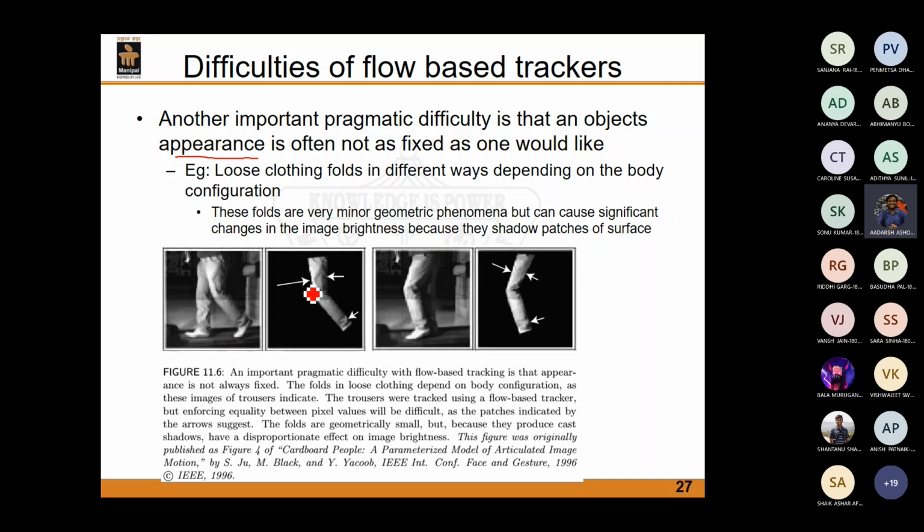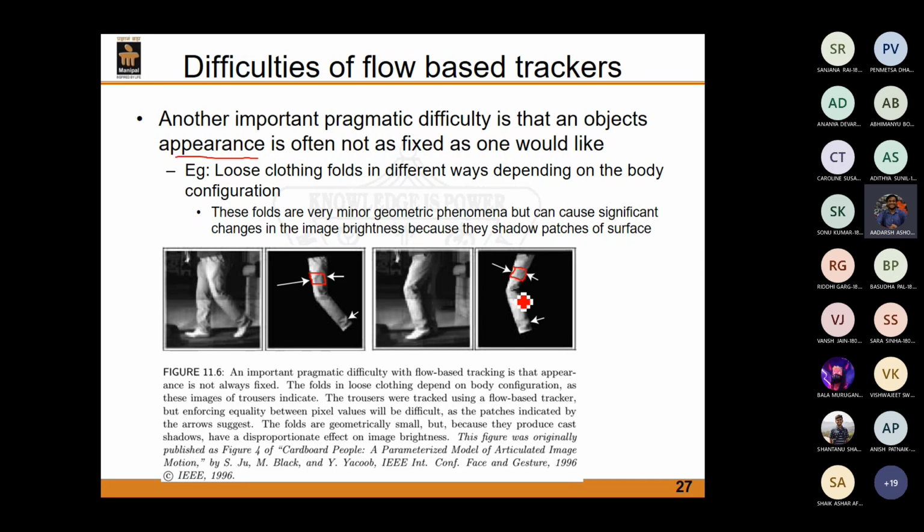If you observe these arrow points over here, you see that if I consider this particular region here and this particular region here, the appearance changes. In the sense of the illumination as well as the variation in which the pixel intensity varies within that particular region, it also changes.